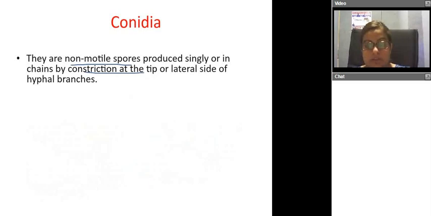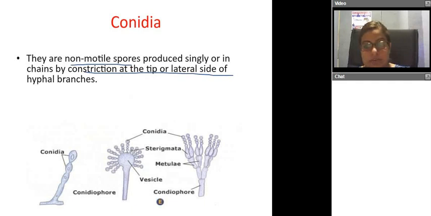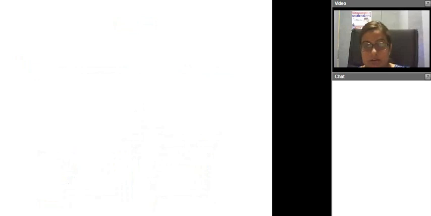They are formed by the constriction at the tip or the lateral side of the hyphal branches. See, this is the hyphae. The constriction or the lateral constriction of its branches forms the conidia. Is it clear, everyone?